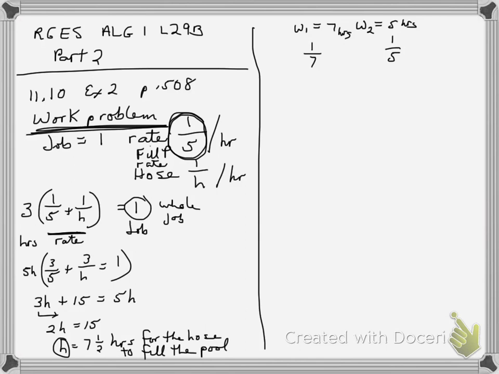How long would it take them to do it together? And then you're talking about the whole thing adds up to the whole job. So this is the whole job, and these are the parts that each person contributes. So there's just kind of the illustration of the whole idea.